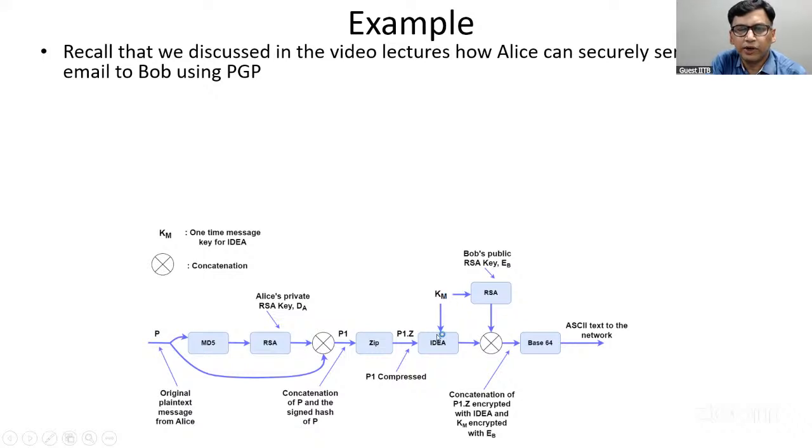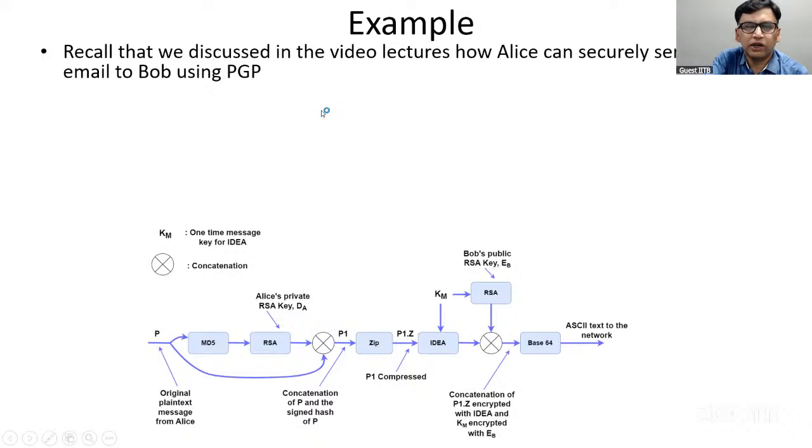Then we encrypt it using the block cipher idea and the secret key KM, which is generated randomly. This secret key KM needs to be shared with the receiver Bob, so it is encrypted using Bob's public key. The concatenation of P1.z along with the key KM encrypted with the public key of Bob is converted into base 64 format and sent over the network. So this is the basic PGP.